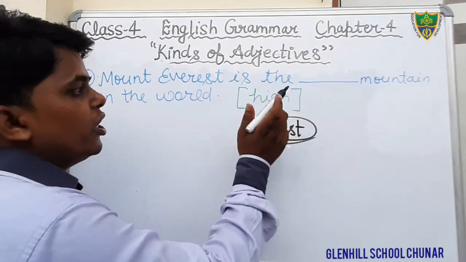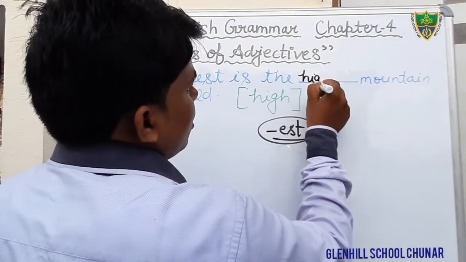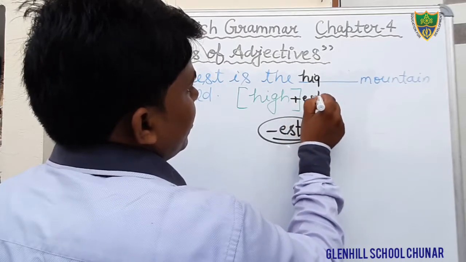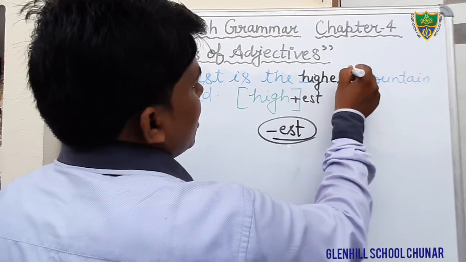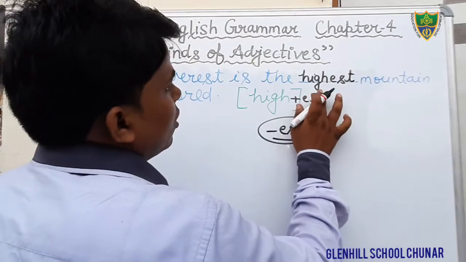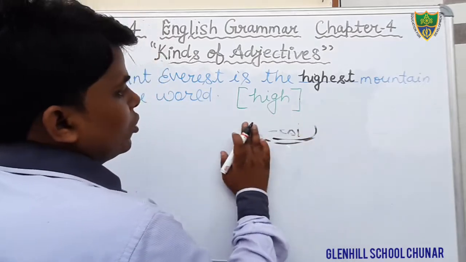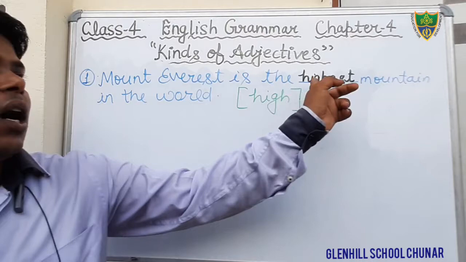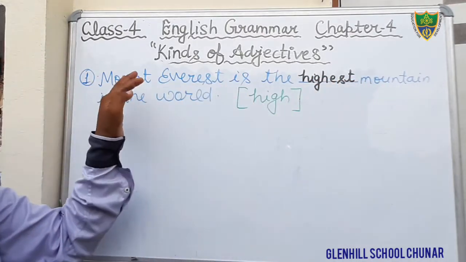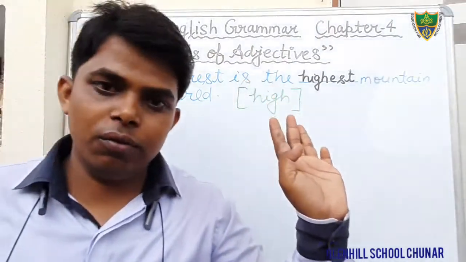High is there, we will add est, it becomes what? Highest. Okay students, so this is the superlative degree. In the first blank we will fill the word highest. So the sentence will be Mount Everest is the highest mountain in the world.